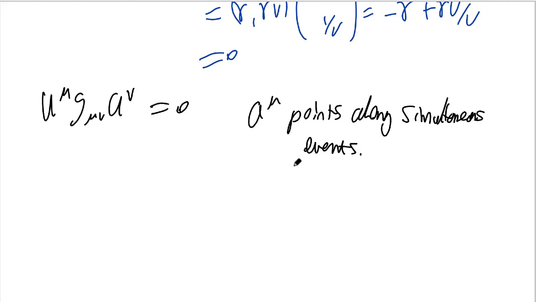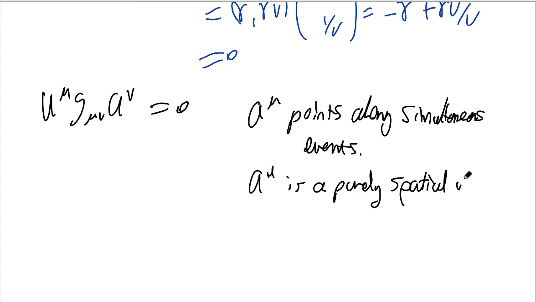So for that observer, A is a purely spatial vector. If you've wondered what it means to have acceleration with 4 components, when we're used to thinking of acceleration as a 3-component object, in a sense it is just 3 components because it's a purely spatial vector.